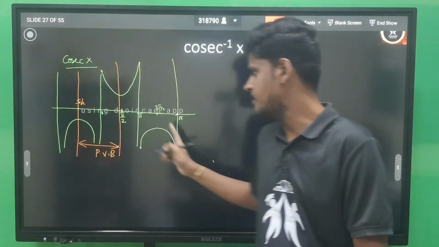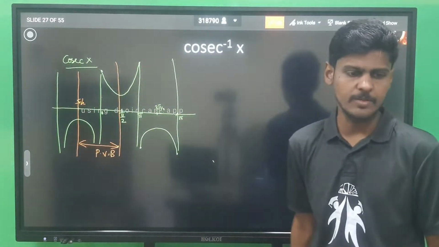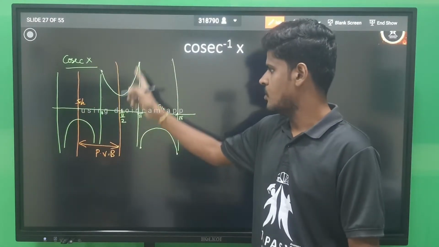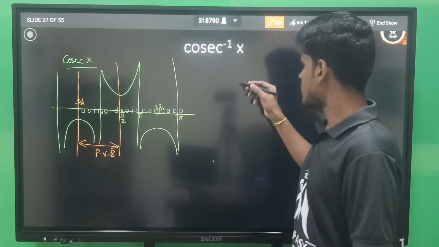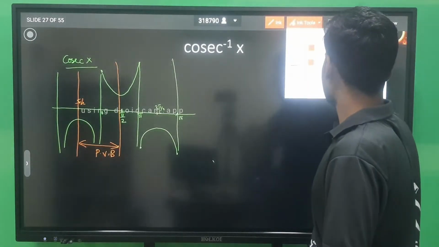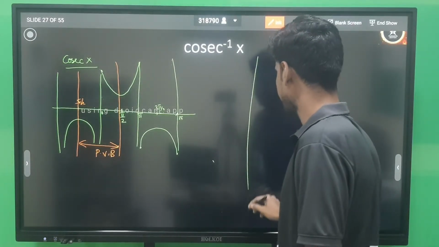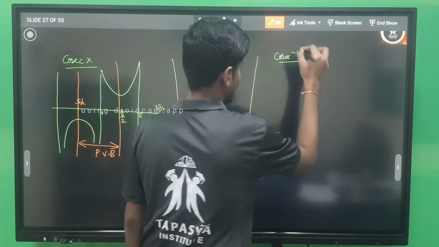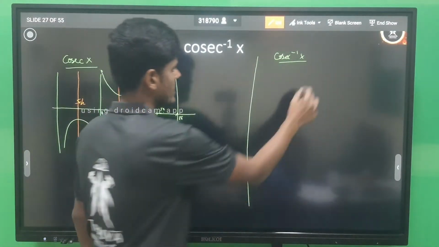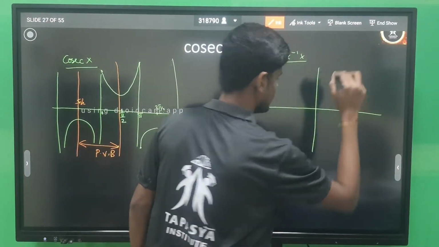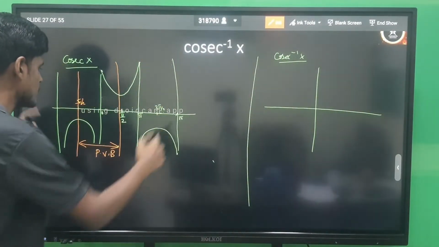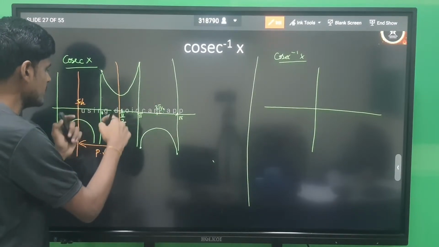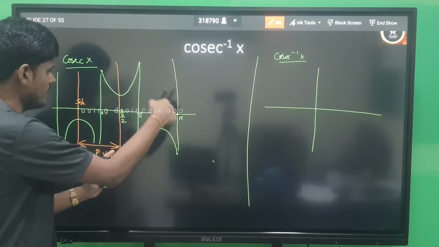So what is the principal value branch? Minus pi by 2 to pi by 2. And the range is between minus infinity to minus 1 and 1 to infinity. So what will be the graph of cosecant inverse x? The graph of cosecant inverse x is given by just replacing x and y variables. What is the domain of this function? The domain of cosecant x is all real numbers except at n pi.